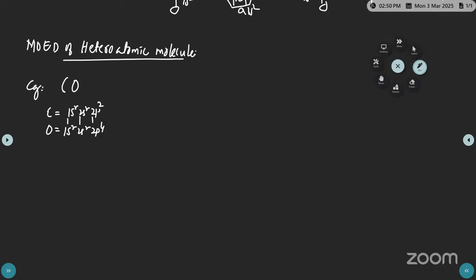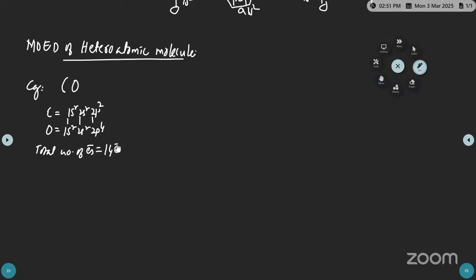The total number of electrons in carbon monoxide is 6 plus 8, 14 electrons. So we have to follow the 14 electron configuration, and the order also like that.